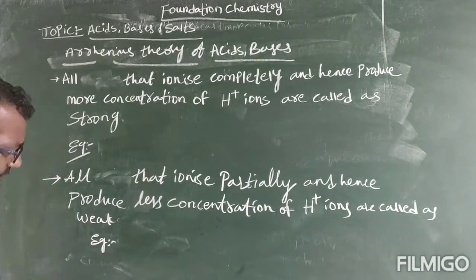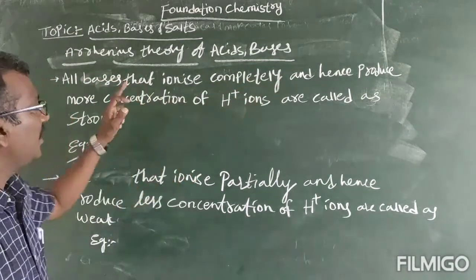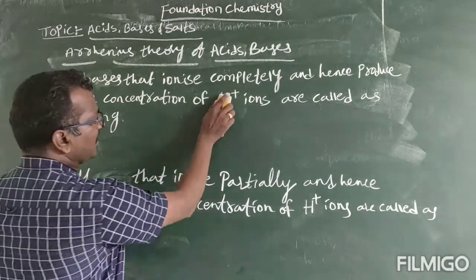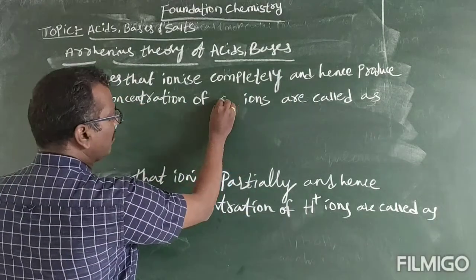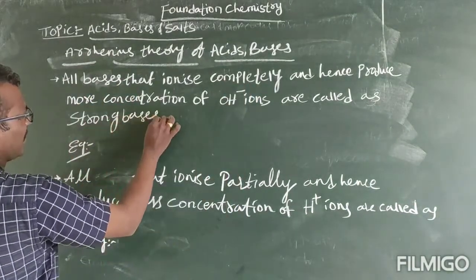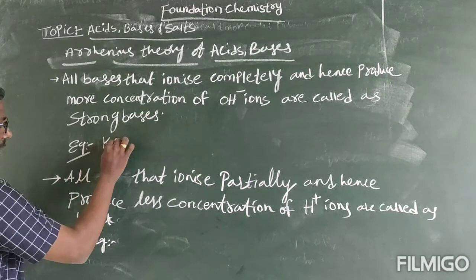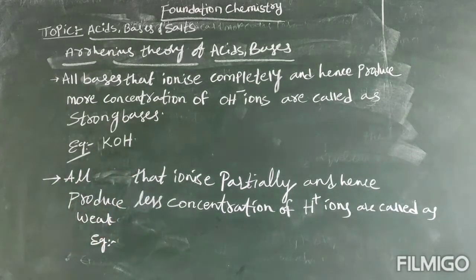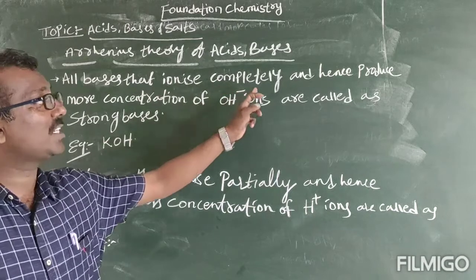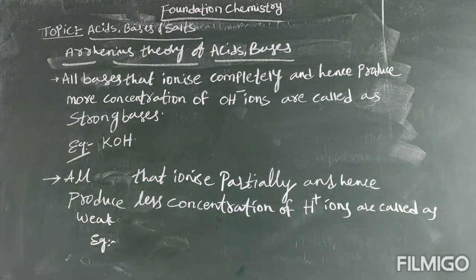So what we will write? All bases that ionize completely and hence produce more concentration of OH minus ions are called as strong bases. Okay, those are called as strong bases, and the example is KOH. So all bases that ionize completely and hence produce more concentration of OH minus ions are called as strong bases according to Arrhenius theory of acids and bases.